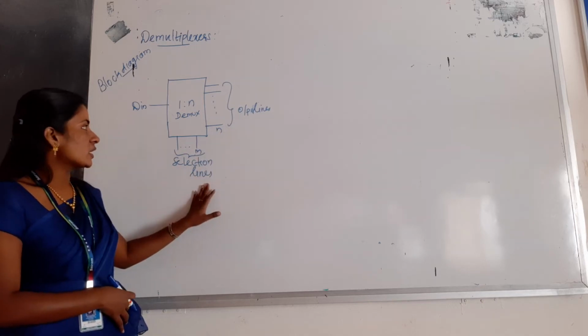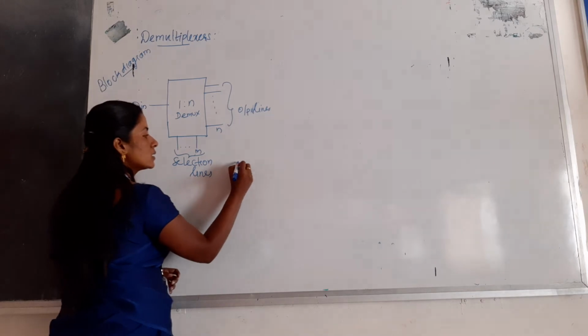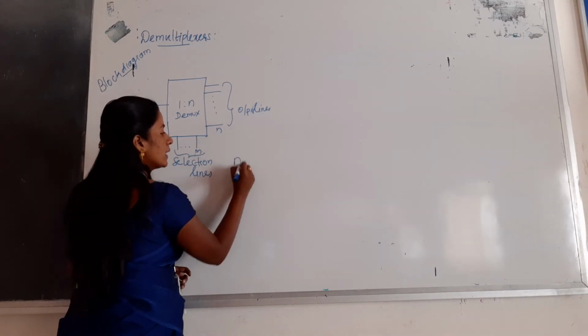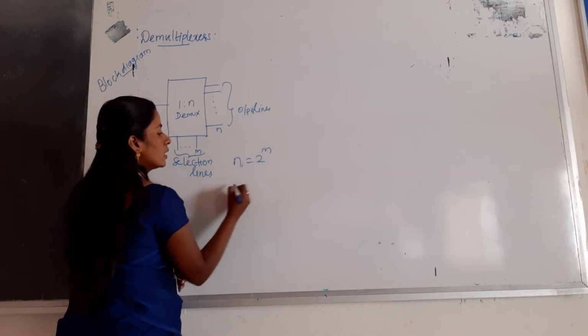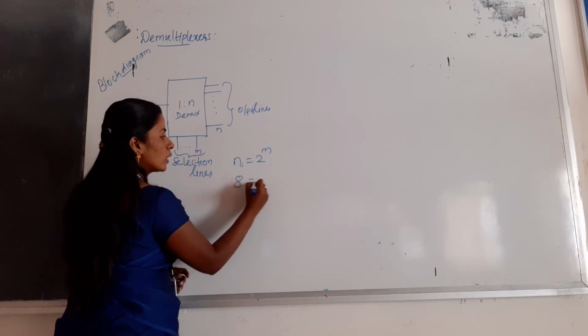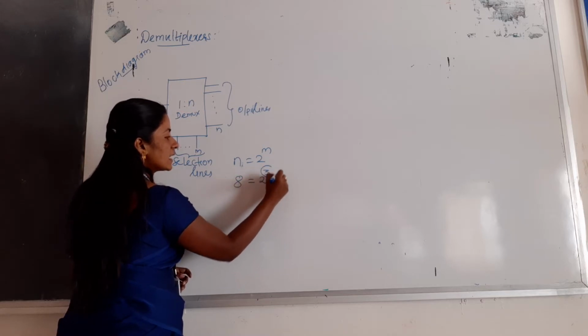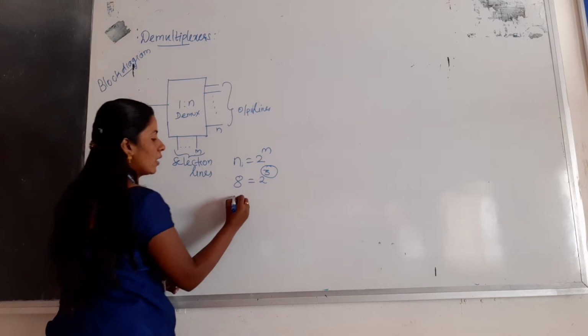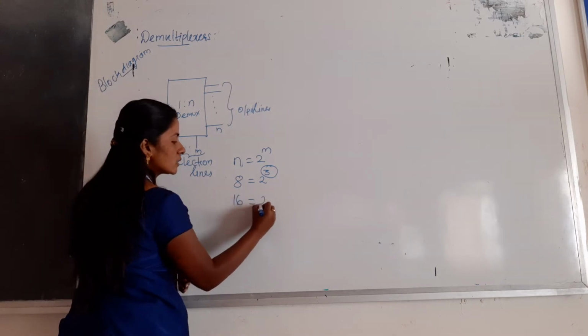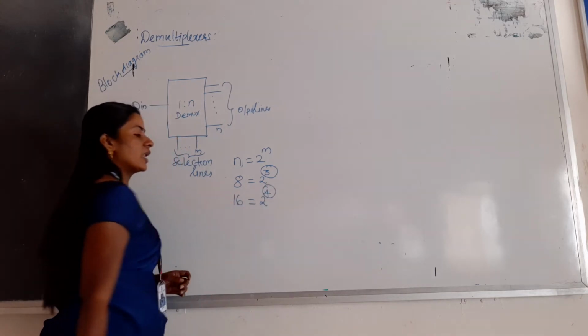The relation between selection lines and output lines is n equal to 2 power m. If you have 8 output lines, 3 selection lines will be there. If you have 16 output lines, 4 selection lines will be there.